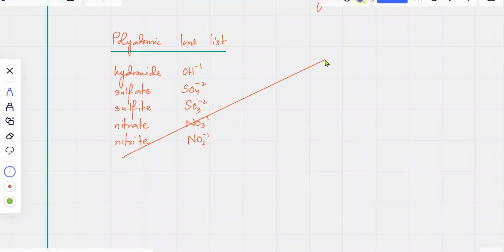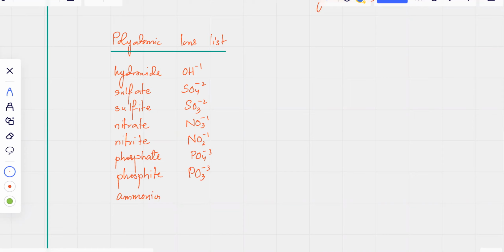Now nitrite, then you've got phosphate, and this is PO4 with a charge of -3. You've got phosphite, which is PO3 with a charge of -3. You've got ammonium, ठीक है. That's different from ammonia. Ammonia भी एक चीज होती है. Ammonium is NH4 plus 1.